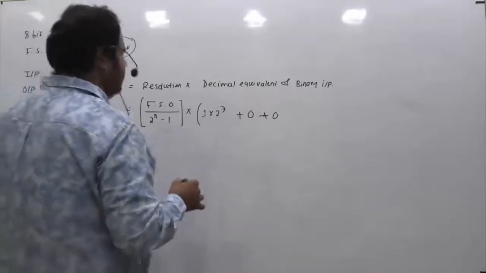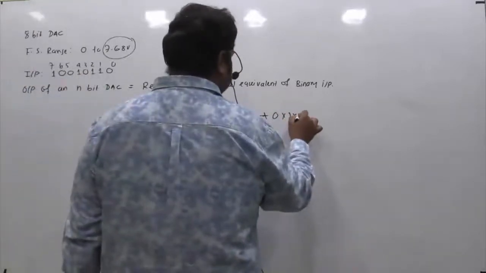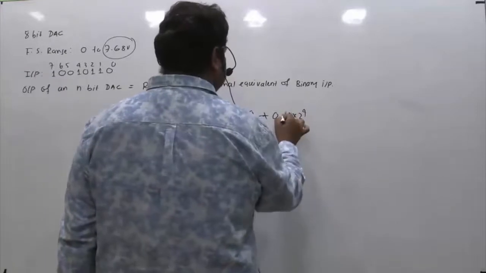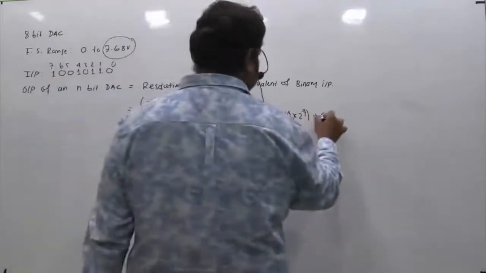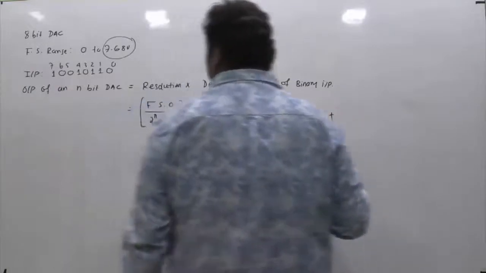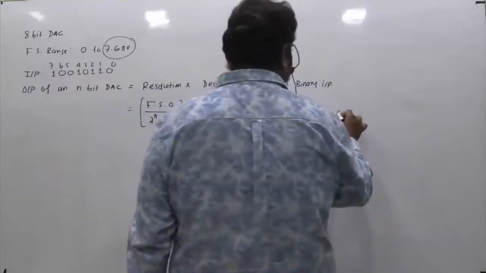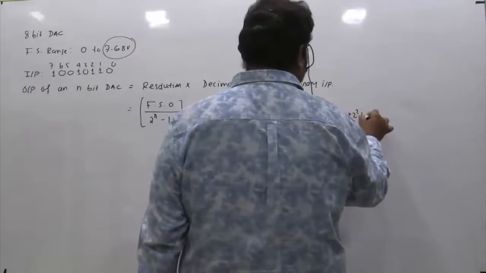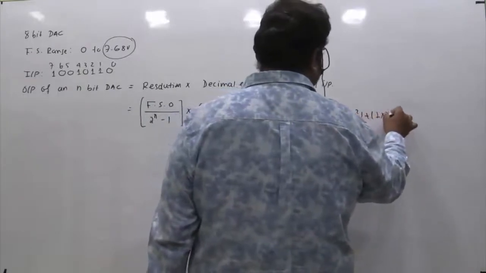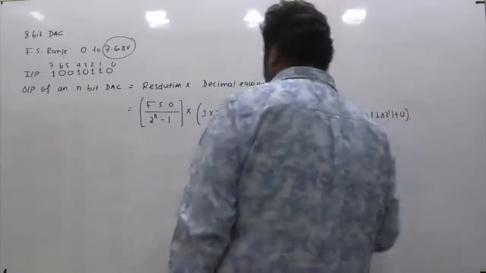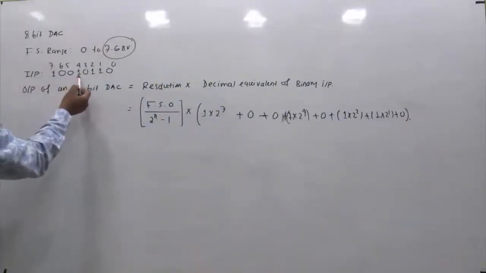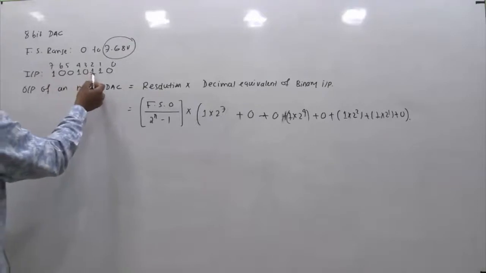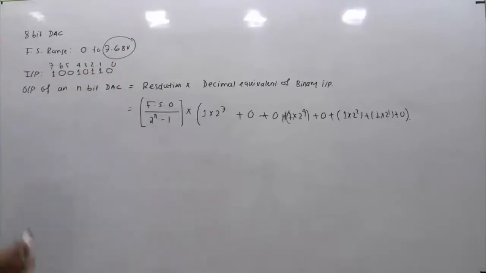So 0, 0, then it is 1 into 2 raised to power 4, then you have again 0, then you have 1 into 2 raised to power 2, then you have 1 into 2 raised to power 1 and then you have 0. So 2 raised to power 7, then 2 zeros, then 2 raised to power 4, then 0, then again 2 raised to power 2, then 2 raised to power 1 and then it is again 0.